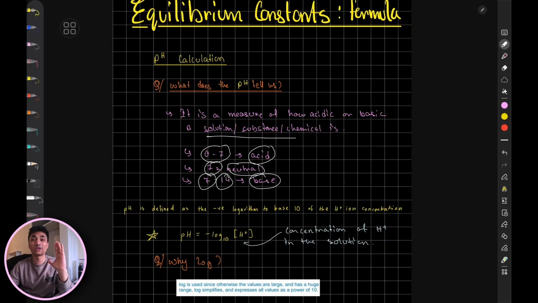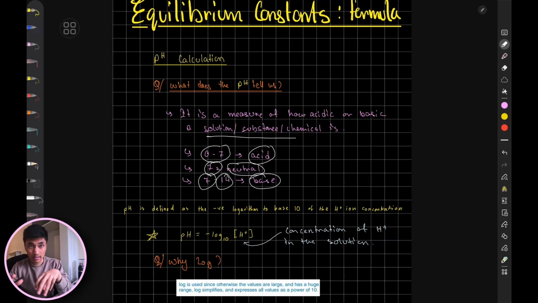We use something called a logarithm to scale down such a big range into a linear scale of 0 to 14. And upon doing that, we have a linear scale which we divide into two equal parts, 0 to 7, which is acidic, and 7 to 14, which is basic.